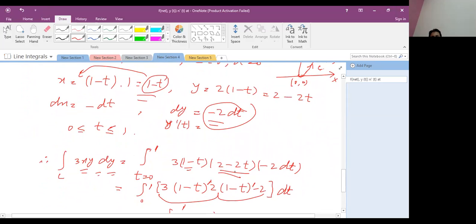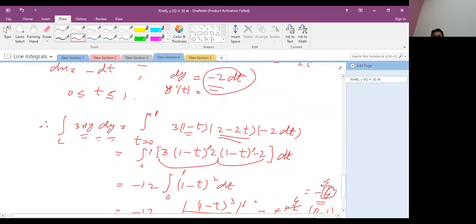Then we put the value of x and the value of y, and dy is equal to minus 2 dt. In the next step, we take common 2 from this function: 3 times (1 minus t) into 2 times (1 minus t) into minus 2 dt. Multiplying together, we get minus 12, and (1 minus t) to the power 1 and (1 minus t) to the power 1 add up to (1 minus t) whole square dt.